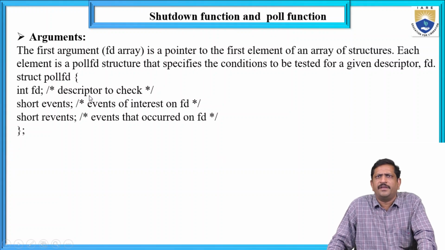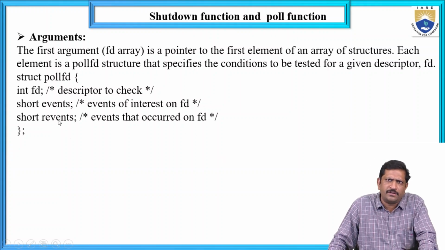If you see the arguments, the first argument is the file descriptor array. It is a pointer to the first element of an array of structures. Each element is a pollfd structure that specifies the conditions to be tested for a given file descriptor.